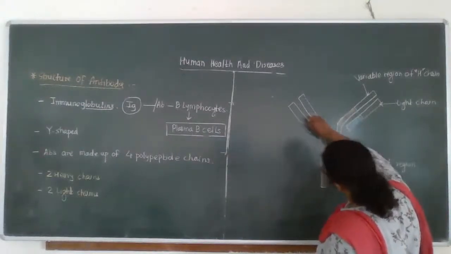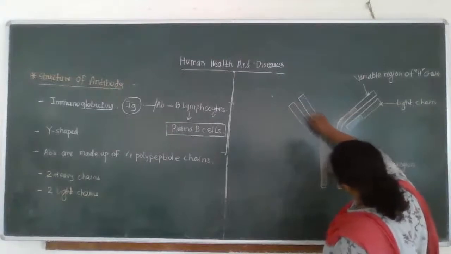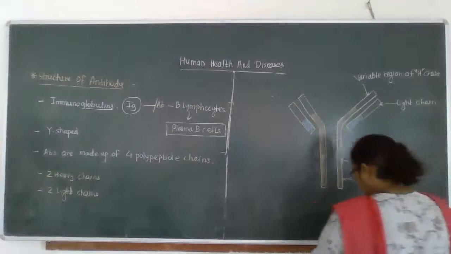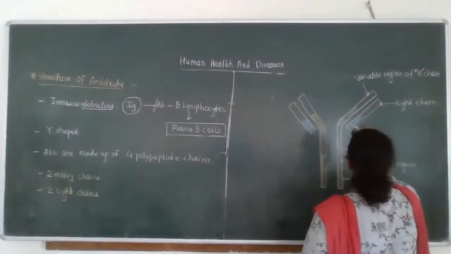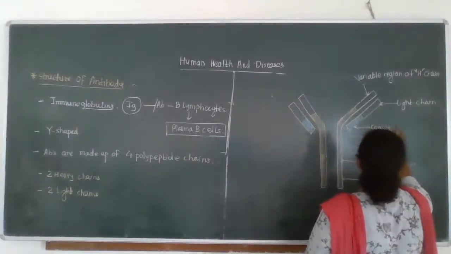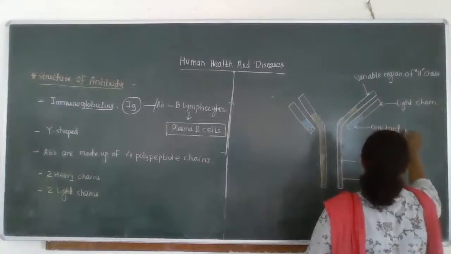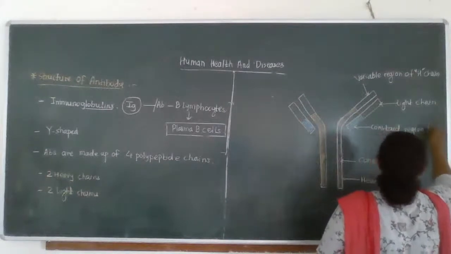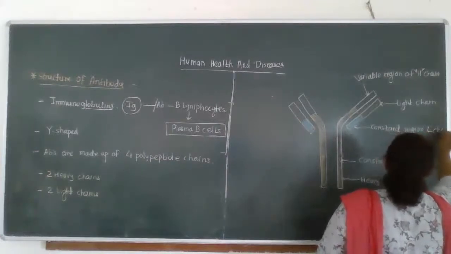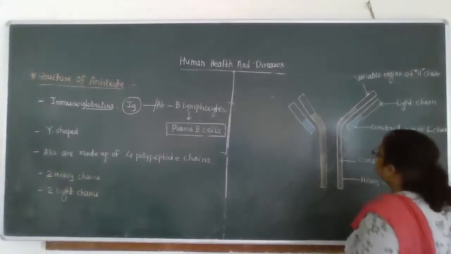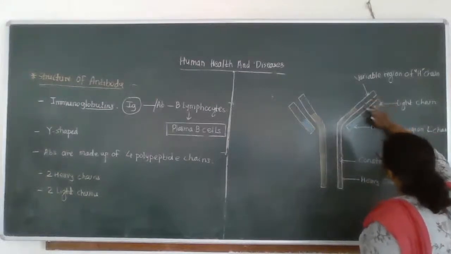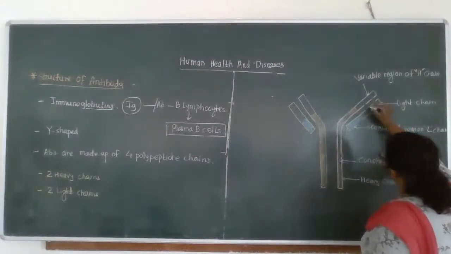This is the constant region of a light chain, L for light chain. And this is the variable region of the light as well as heavy chain.